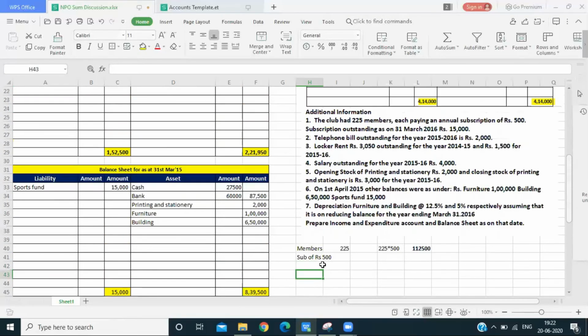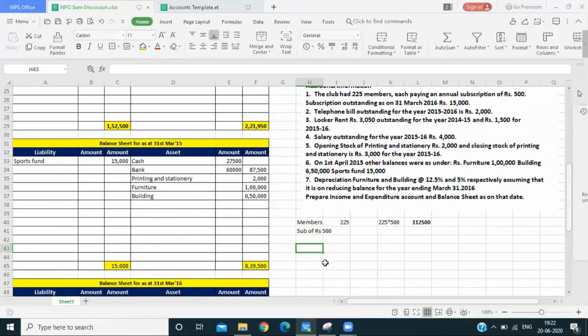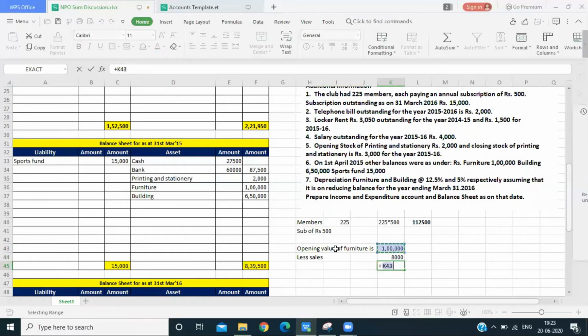So our calculation on the depreciation for furniture will be, we have an opening value of furniture amounting to rupees 1 lakh, less sales of 8,000. So automatically the value of furniture will be reduced by the extent of 8,000. So we have only 92,000 worth of furniture now.